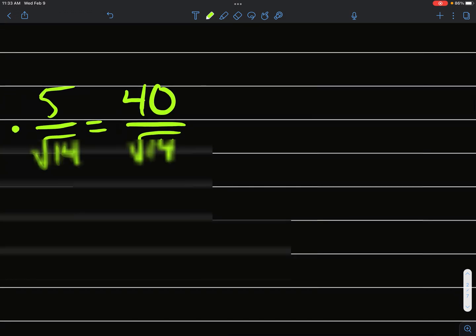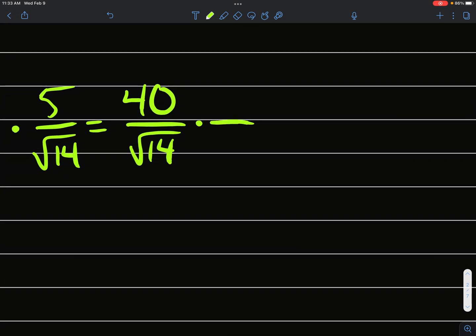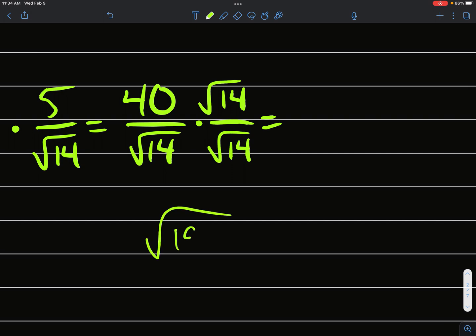There's nothing that you can multiply to be easier. Now, multiply by radical 14 times radical 14. It's going to be the square root of 196, which is 14. So remember, anytime you multiply a radical times itself, it's just going to be the number in the radical, 14.